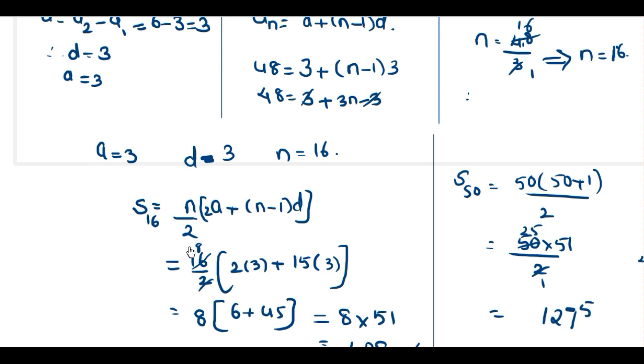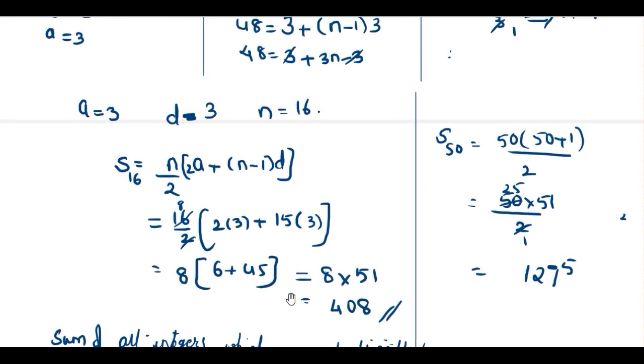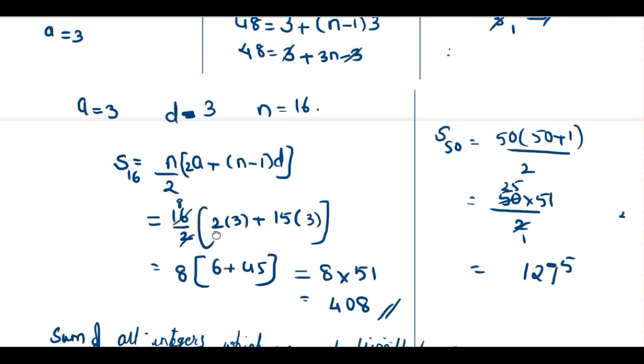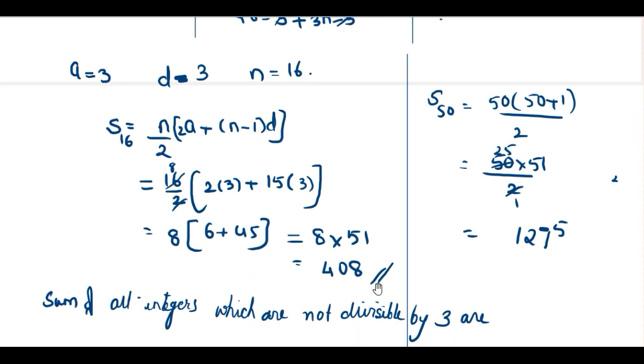So 16 by 2 is 8, 2 times 3 is 6, plus 15 times 3 is 45. So 8 into 45 plus 6 gives 51, which equals 408. So the sum of the multiples of 3 is 408.